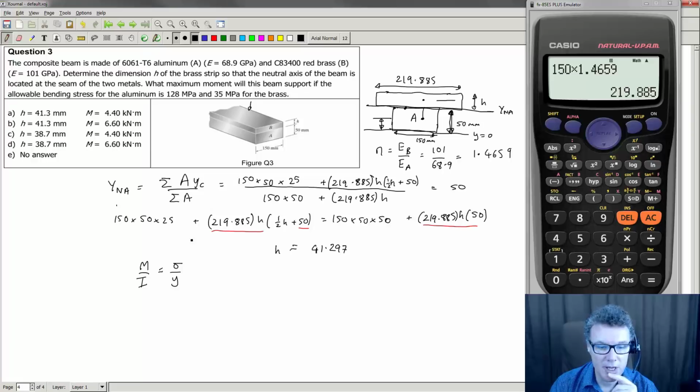So we're looking for the M. Therefore M equals stress times I divided by y. Unfortunately we're not finished. We've got to find I.